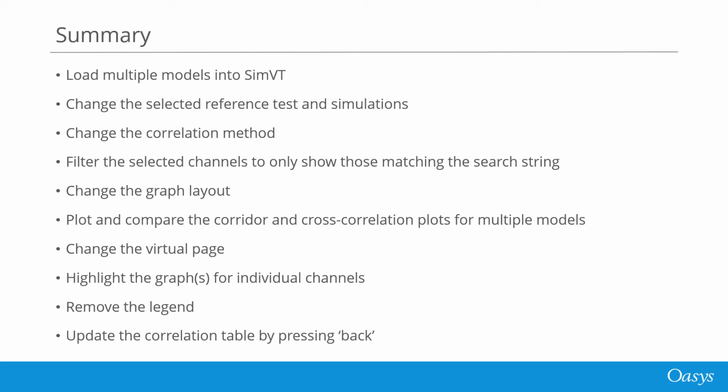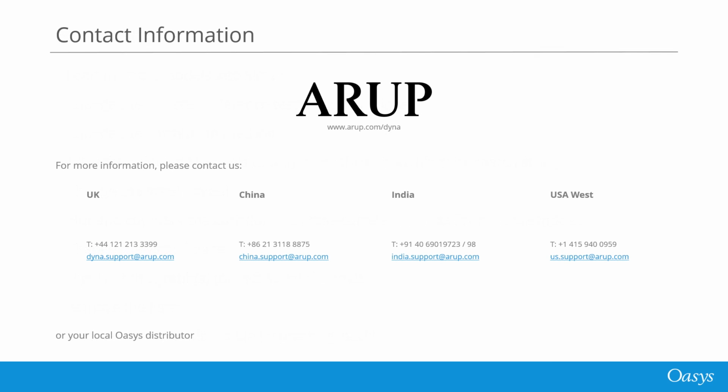In summary, I showed you how you can load multiple models into SimVT, how you can change the selected reference tests and simulations, how you can change the correlation method, how you can filter the selected channels to only show those matching the search string, in this example, the seatbelt string, how you can change the graph layout, how you can plot and compare the corridor and cross-correlation plots for multiple models, how you can change to a different virtual page, how you can highlight the graphs for individual channels, how to remove the legend from plots, and also how to update the correlation table by pressing back.